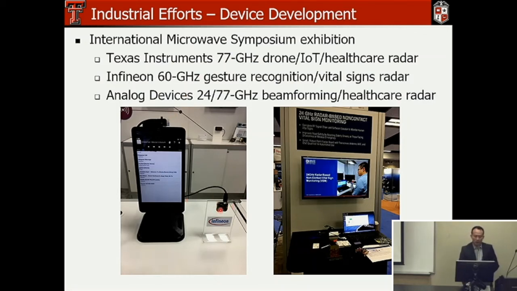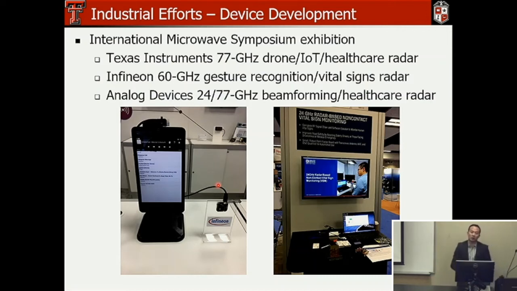The radar was set over there, connected with a Samsung tablet through a USB cable, and on site, their engineers can train visitors within 1 minute how to control this tablet, simply using gestures remotely. You can play music, play back, play forward, volume up, volume down.